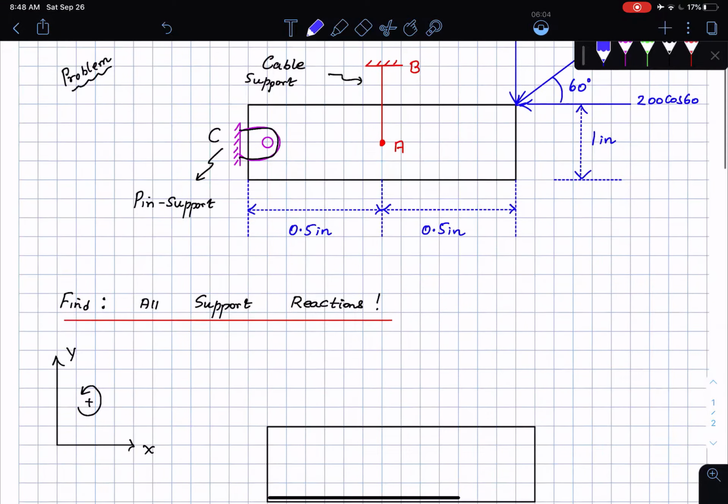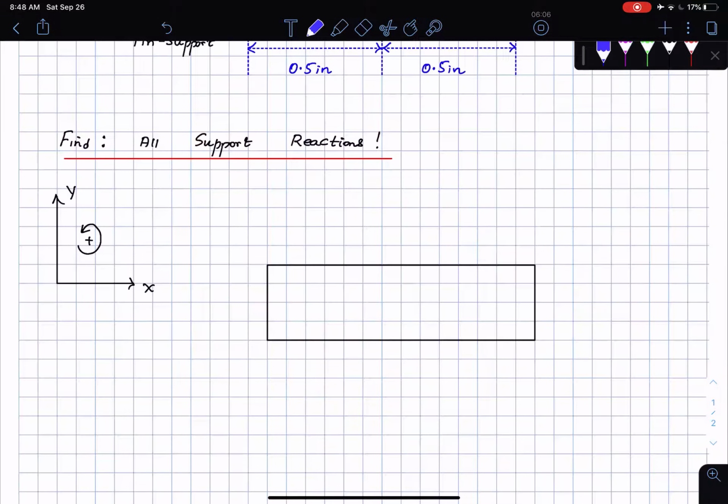I'm just going to mark those components right here. One force acting this way, and another force acting this way. So this is going to be 200 sine 60 pounds, and this is going to be 200 cosine 60 pounds.